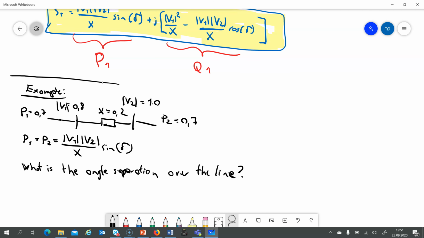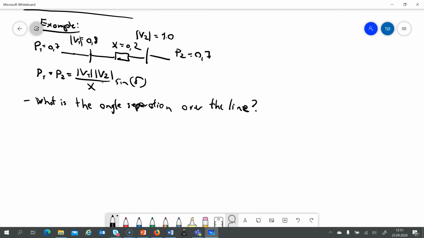That's the first question. The second is we want to find the delta Q over this line from bus 1 to bus 2. So let's take the first one: what's the angle separation of the line?